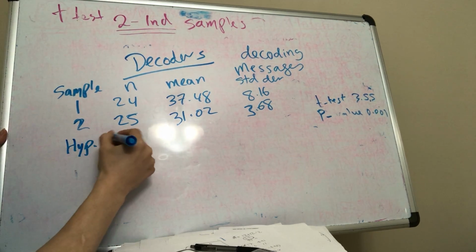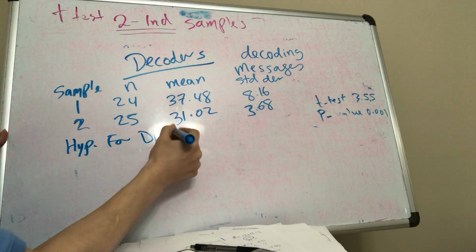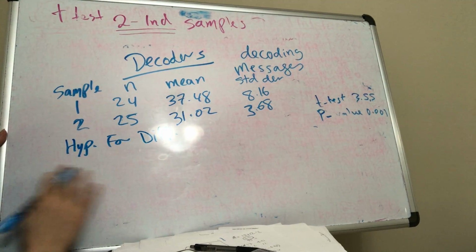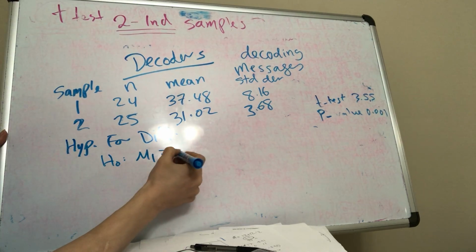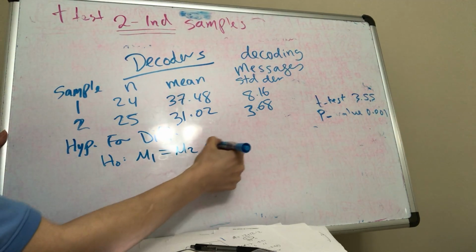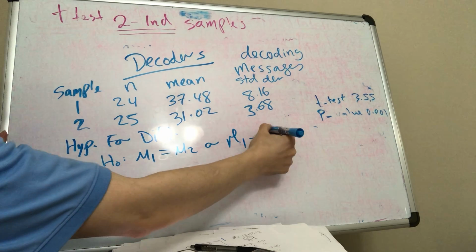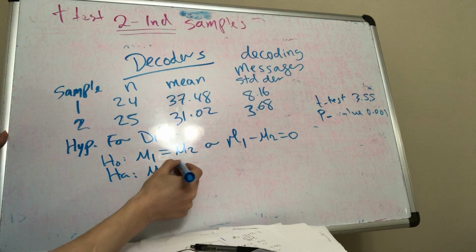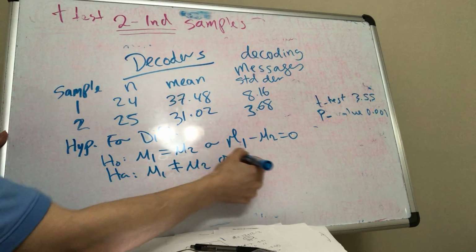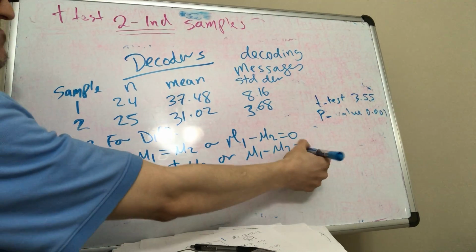Hypothesis for difference. In H0, you say group 1 equals group 2. Sometimes they say mu1 minus mu2 equals 0. And here they're not equal. Sometimes they say this.